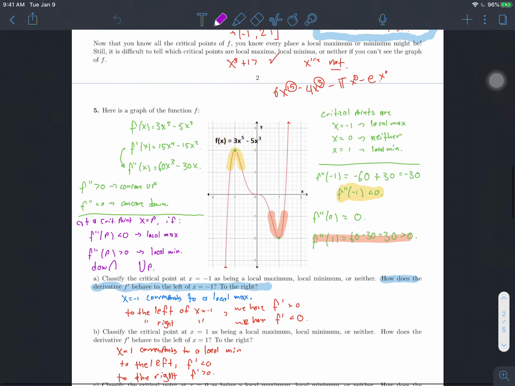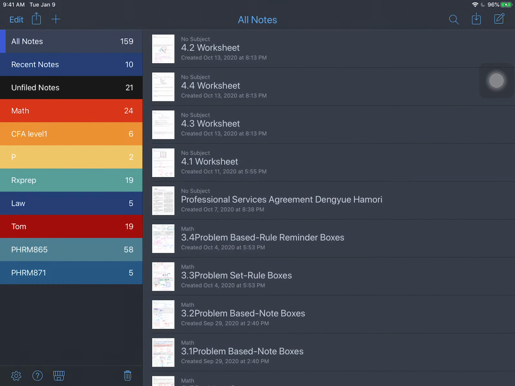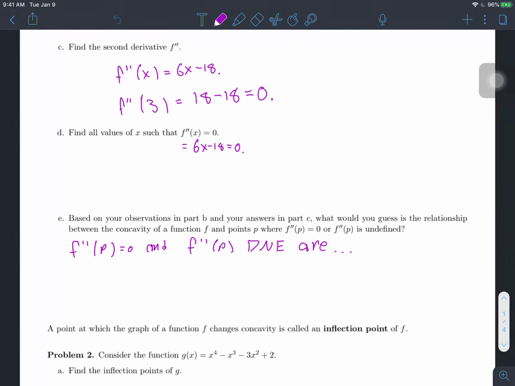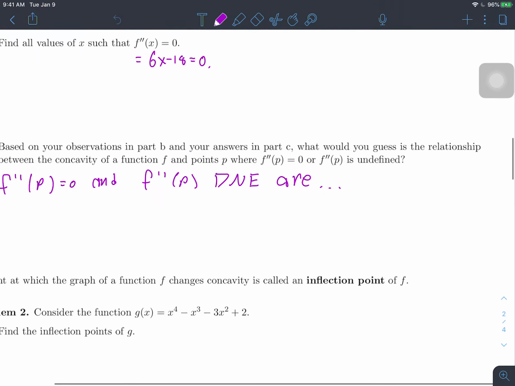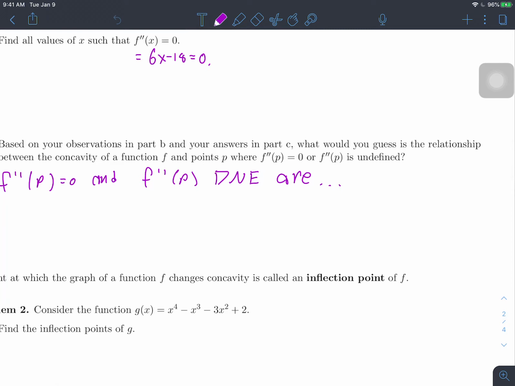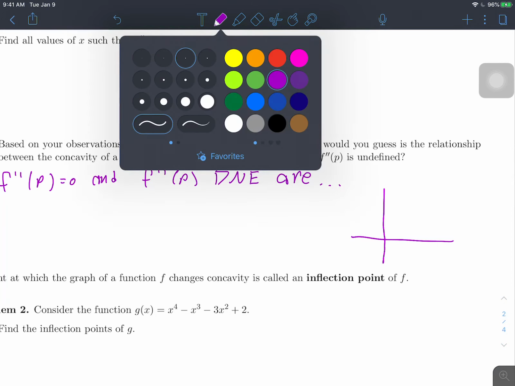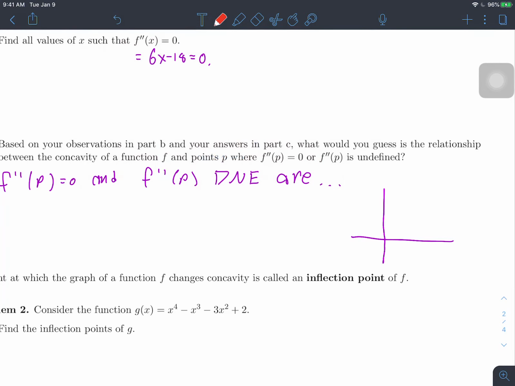Dang it. Okay, I messed up my example here. It doesn't necessarily mean that there is an inflection point, and here's why. What we can have is, for example, a function which is, say, concave up at the start, comes down, flattens out for a split second, and then goes back up to being concave up.